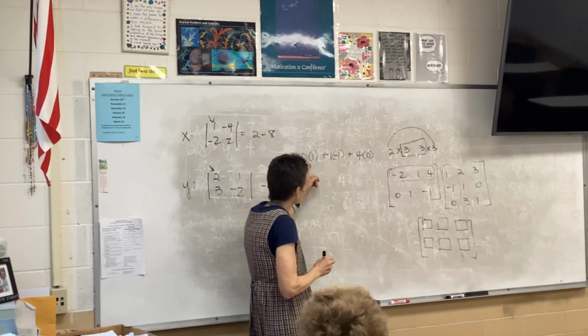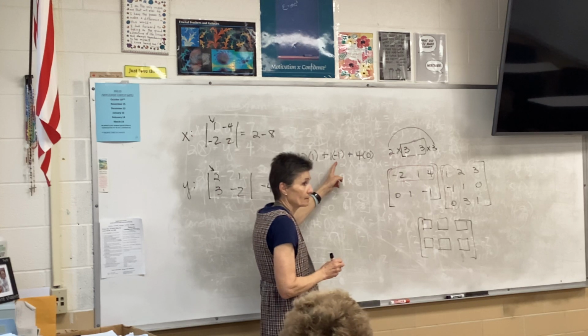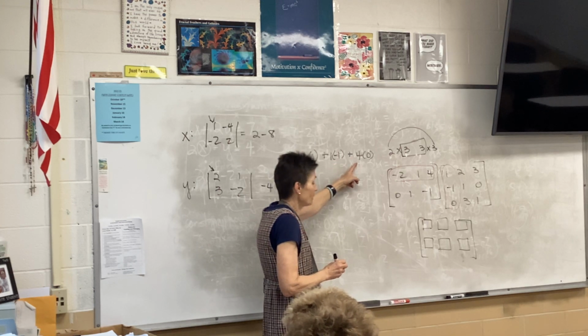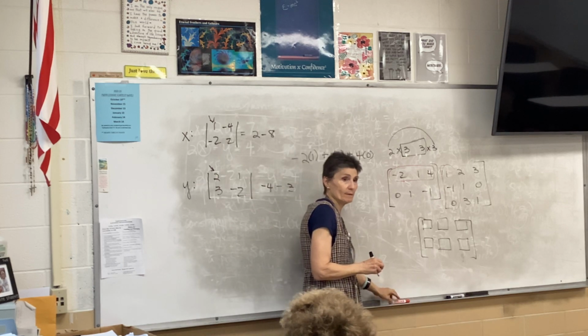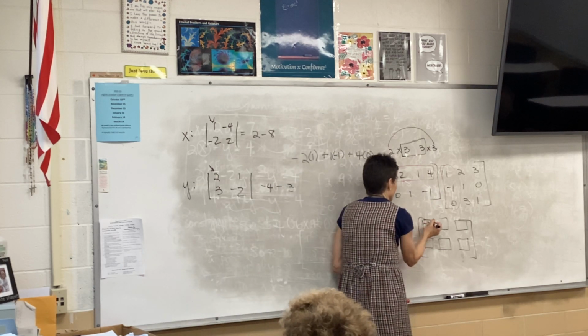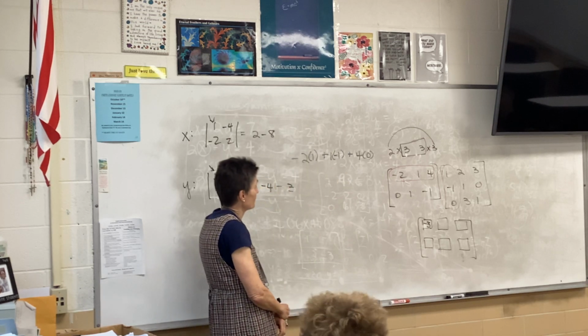So negative 2 and negative 1 and 0 adds up to negative 3. So that first number is negative 3.